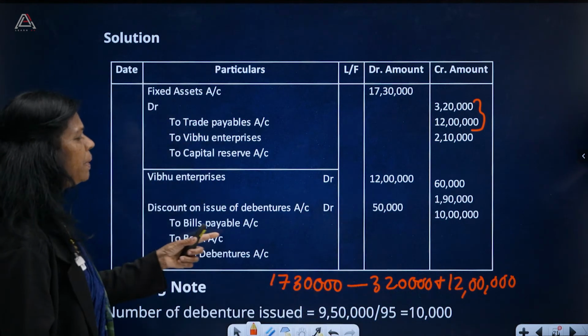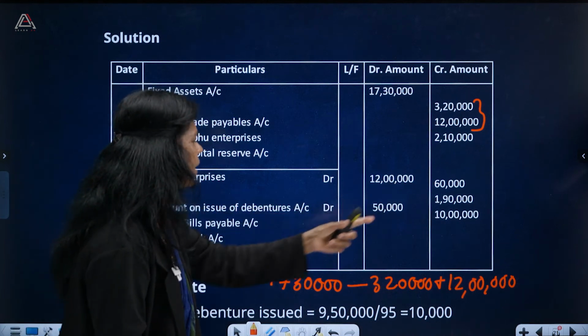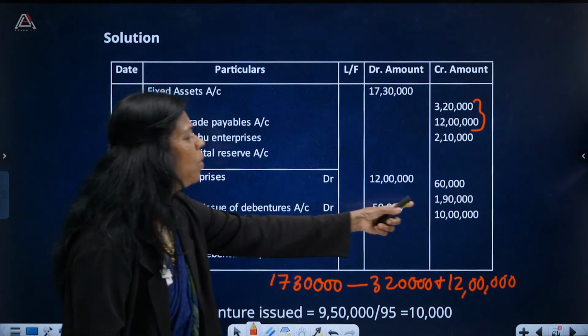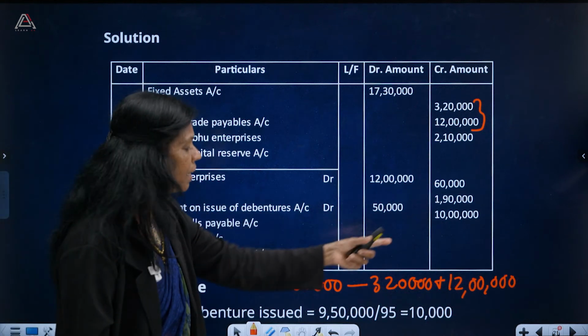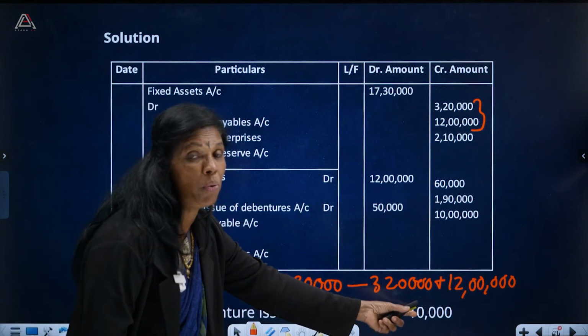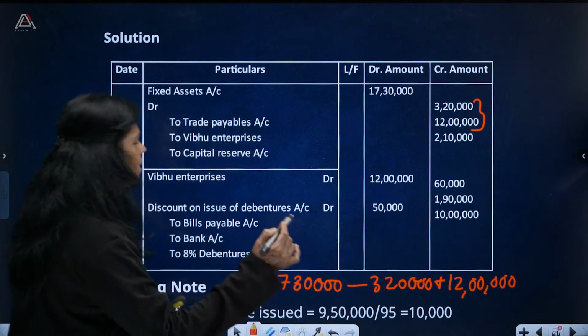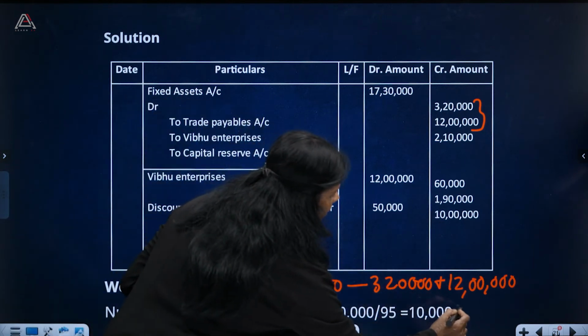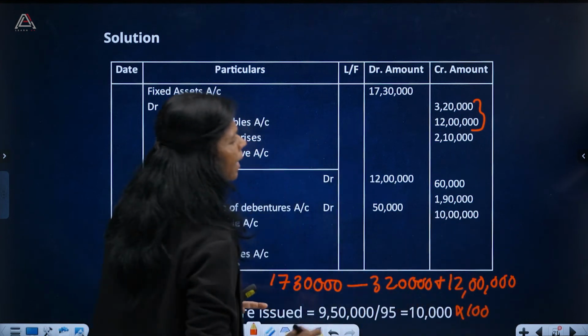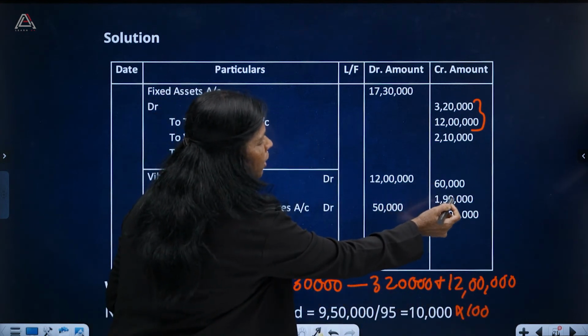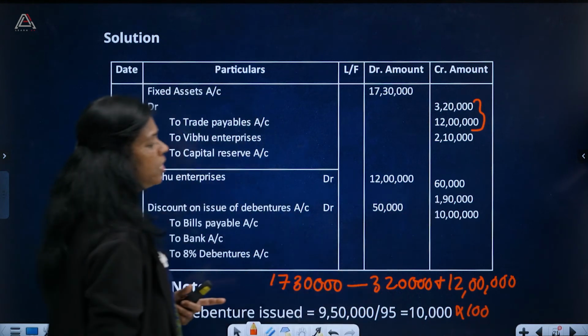Then to bills payable 60,000. To bank account 1,90,000. To 8% debentures 10 lakh. How did that 10 lakh come? That is 10,000 into 100 is 10 lakh. Then the promissory note amount and bank amount are given in the question.